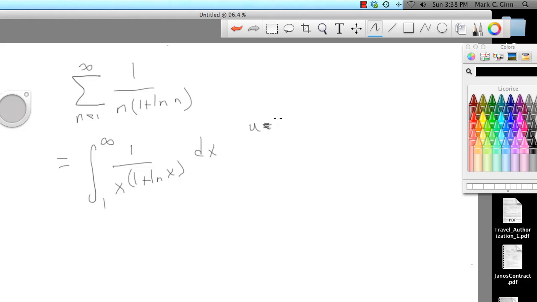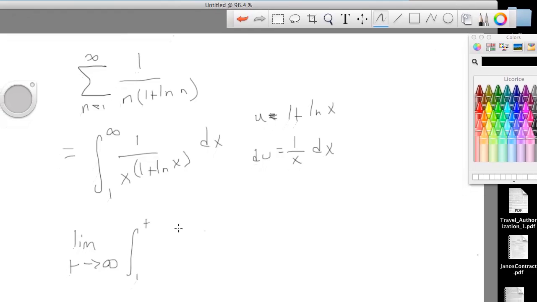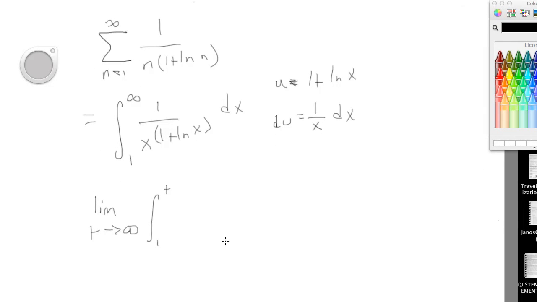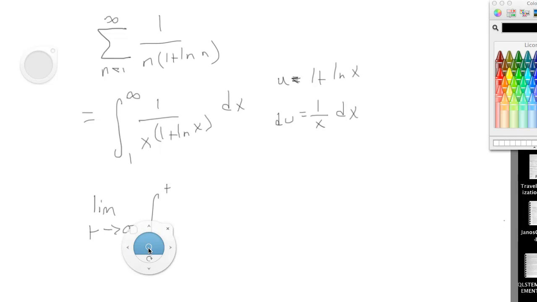So I'm going to let u equal 1 plus the natural log of x. Now du is 1 over x dx. And so I have the limit as t goes to infinity of the integral from 1 to t. Oh wait, I need to change this. If I want to change my limits, I can leave it as 1 to t, but I want to denote that this is x.